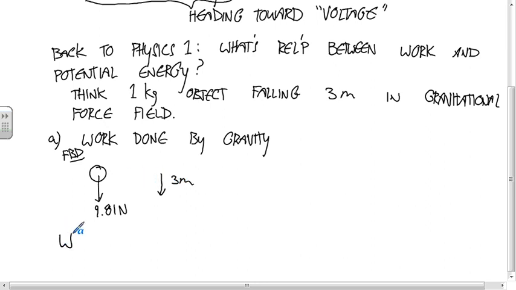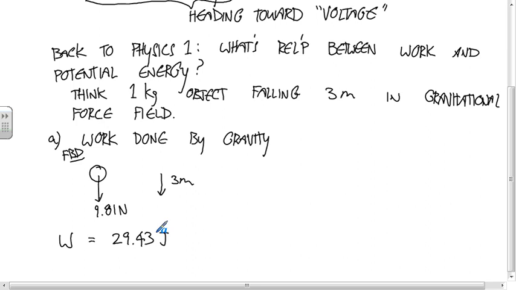And so the work is equal to 29.43. And what are the units? Work is a change in energy due to application of a force, so it has to be joules.